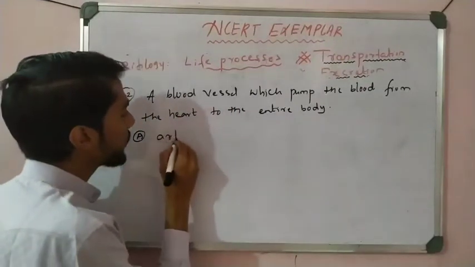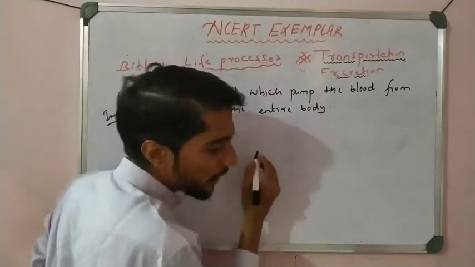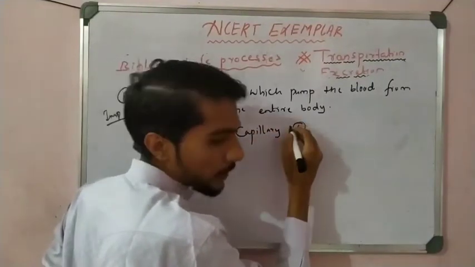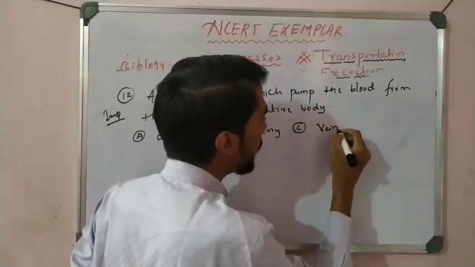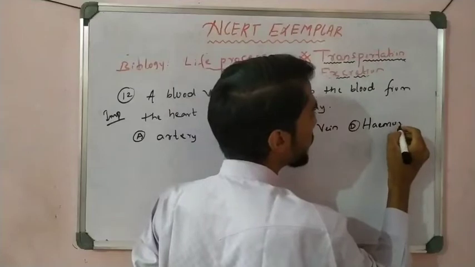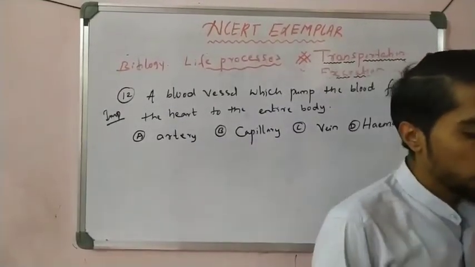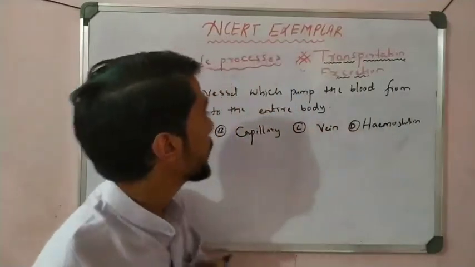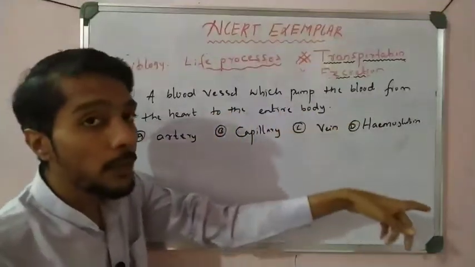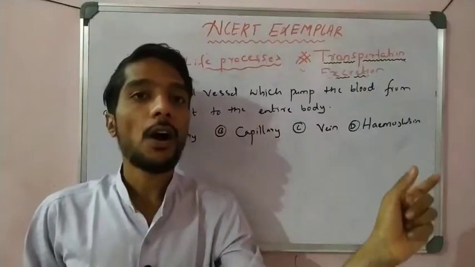Option A, artery; next, capillary; then C, veins; and then hemoglobin. So see which is the correct answer here. The blood vessels which transport the blood from the heart to the entire body carry pure blood, oxygenated blood.